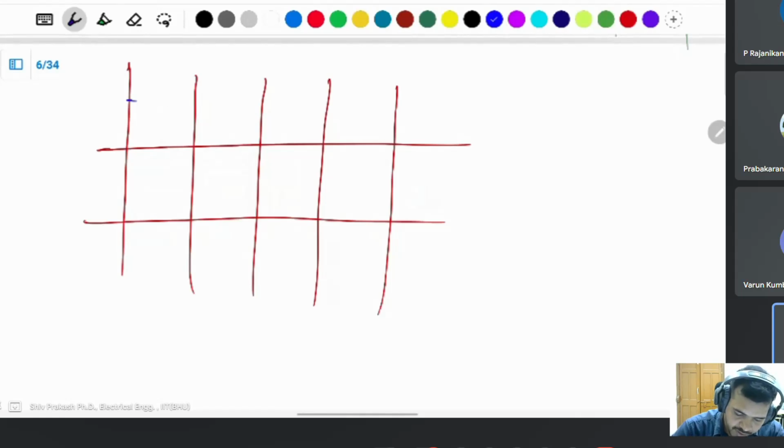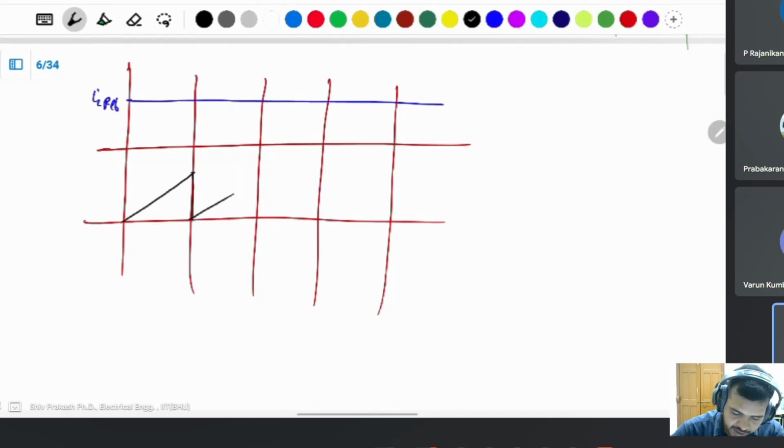There is a reference value, suppose the IL reference you want to track. Then there is a slope, something like that.